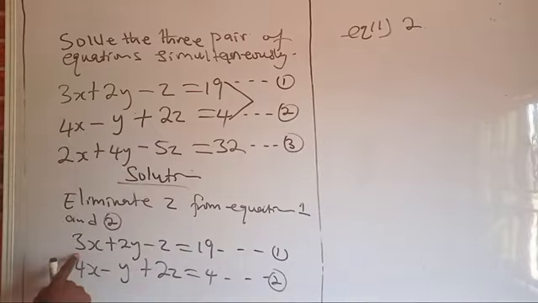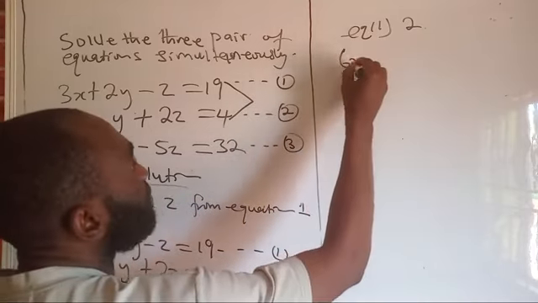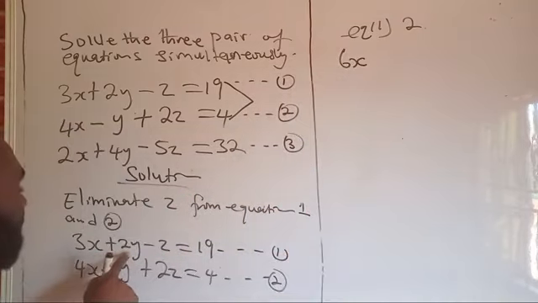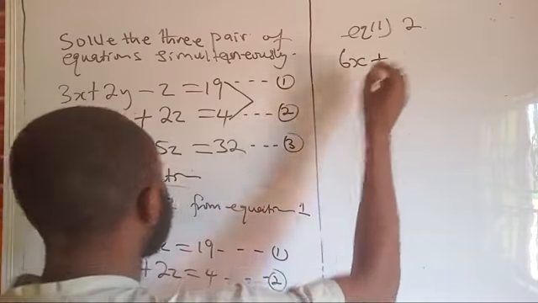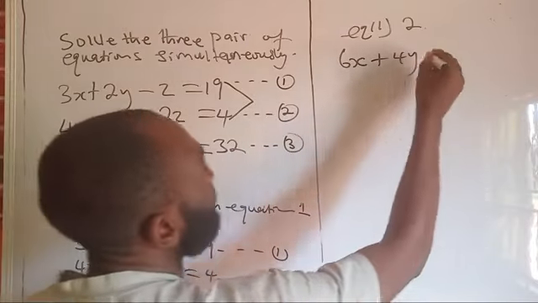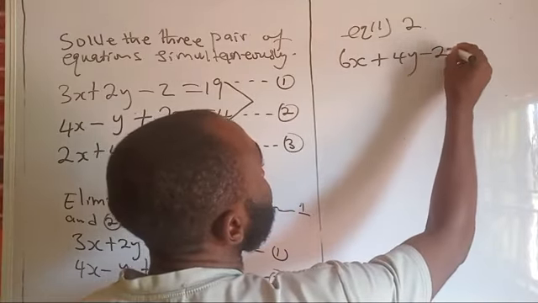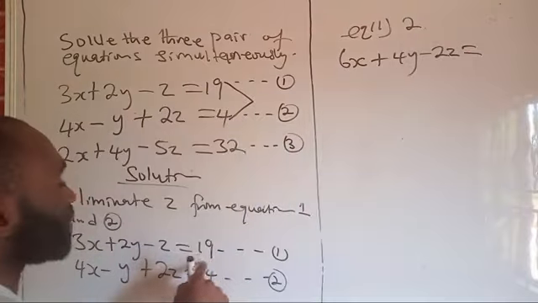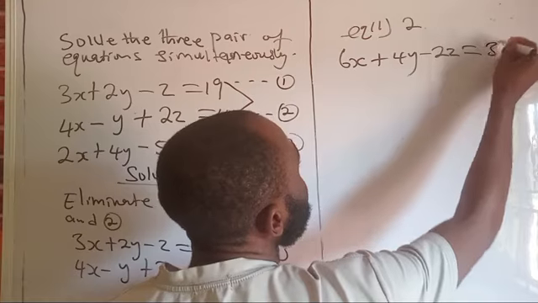So 2 times 3 gives us 6x. 2 times 2y gives us 4y. 2 times minus z gives us minus 2z, is equal to 2 times 19, which gives us 38.